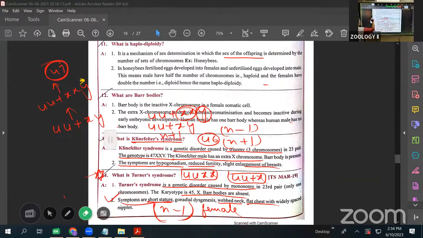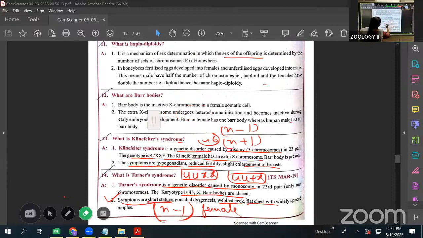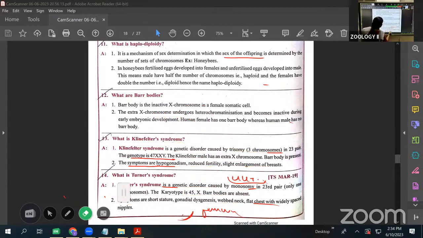Next, we discussed pleiotropy, polygenic inheritance, Turner syndrome, and Klinefelter syndrome. Next is erythroblastosis fetalis, which is also important. I will explain.